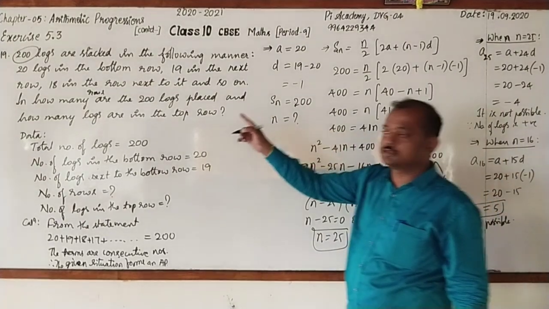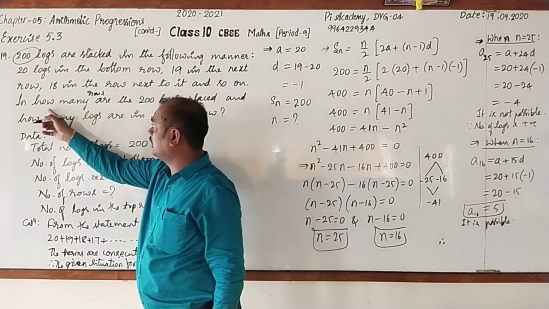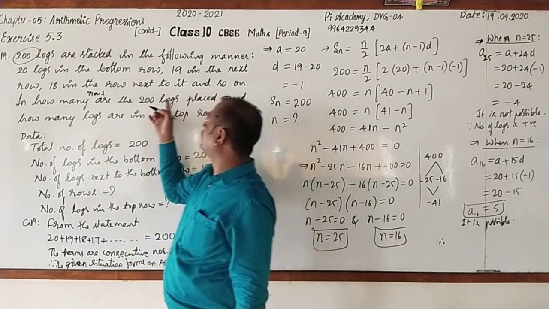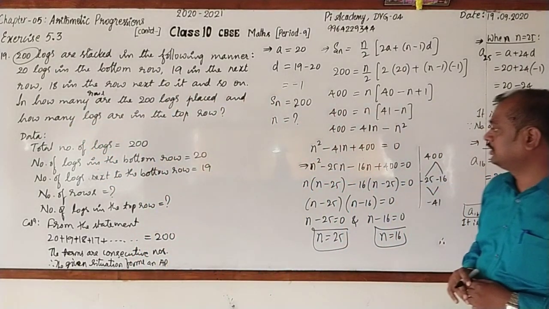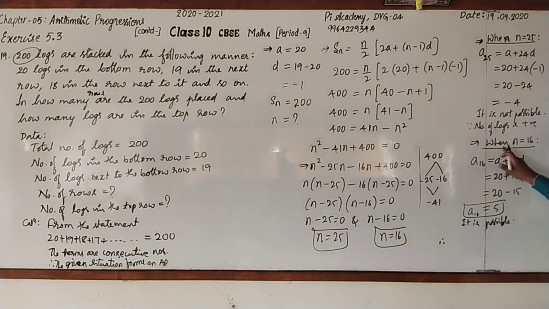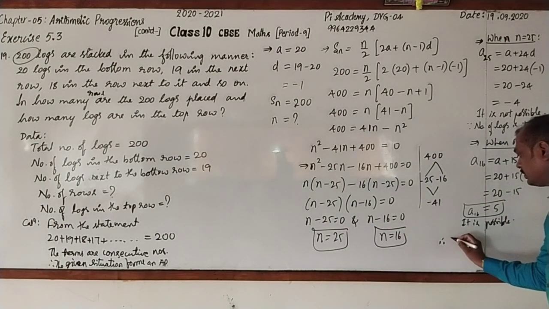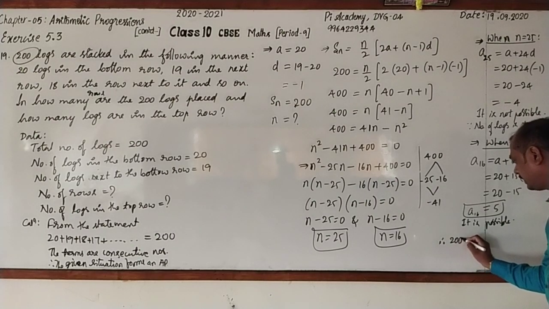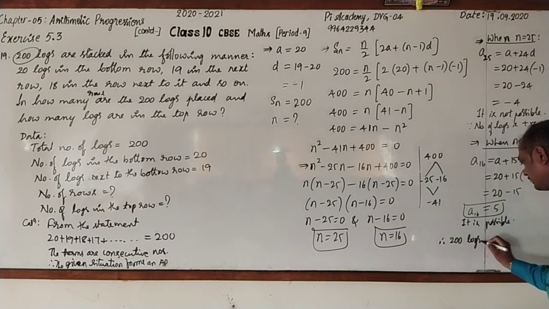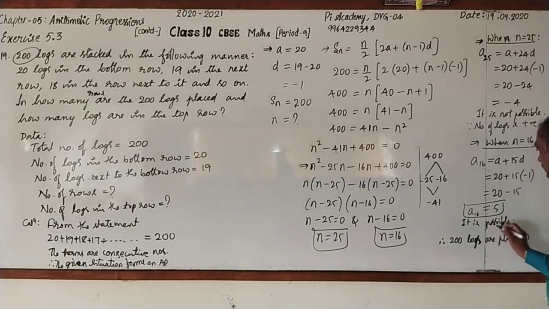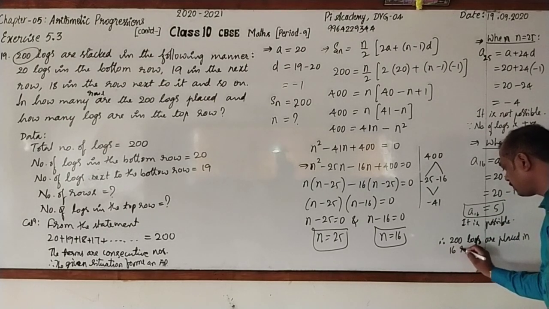There are two sub questions. What are those? In how many rows are the 200 logs placed? How many rows? Yes, 16. Here we can write, therefore, 200 logs are placed in 16 rows.